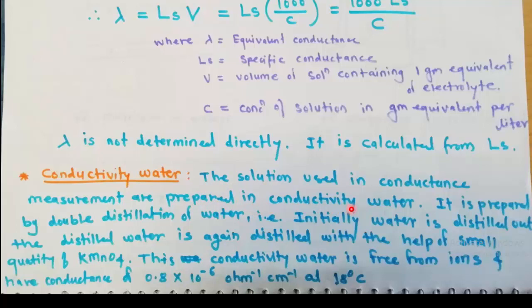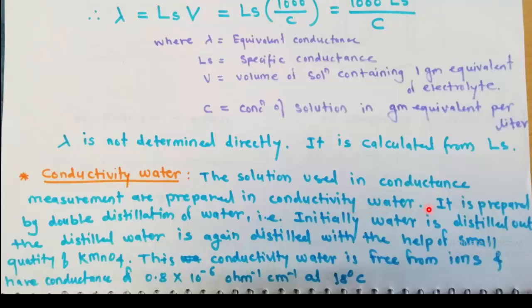This is the water which is free from all the ions. No ions are present in this kind of water. Also, it does not contain dissolved quantities of gases such as oxygen and carbon dioxide. These gases are absent in the solutions.